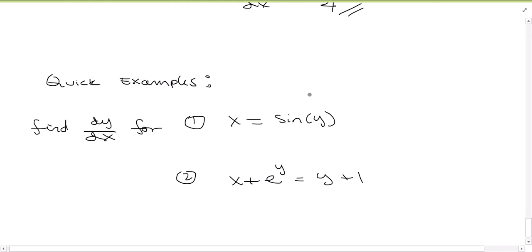Now for the first one, finding dy/dx means taking the derivative with respect to x of both sides. So I'm going to do d/dx of the left and d/dx of the right. On the left, the derivative of x with respect to x is just 1. And you can see here dx/dx is 1.